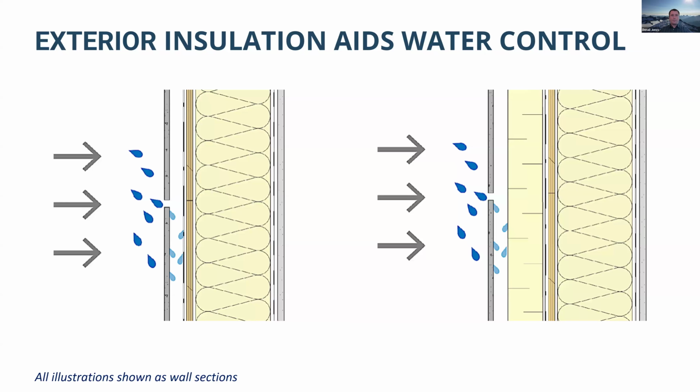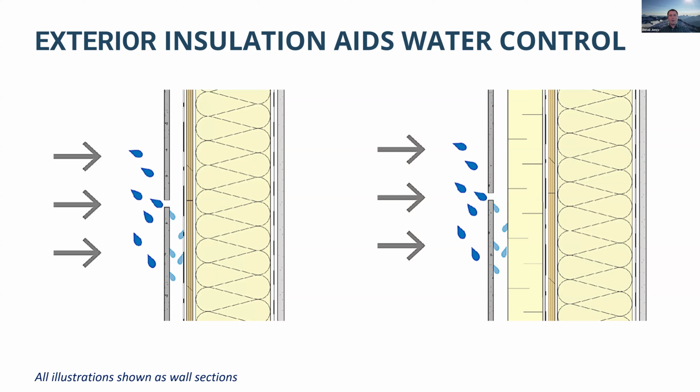The other benefit, which I don't think gets talked about enough, is if you've got this exterior insulation layer, it really helps with water control. There've been some studies done on this, testing a bunch of mock-up assemblies with open joint cladding. But it turns out if you put a layer of insulation in front of your WRB, even with open joint cladding, most of the water just runs down the face of the insulation.